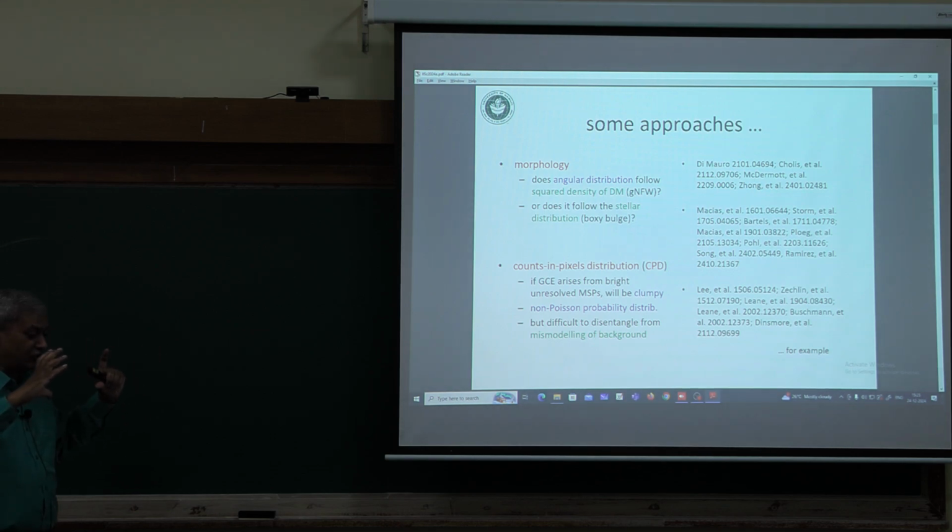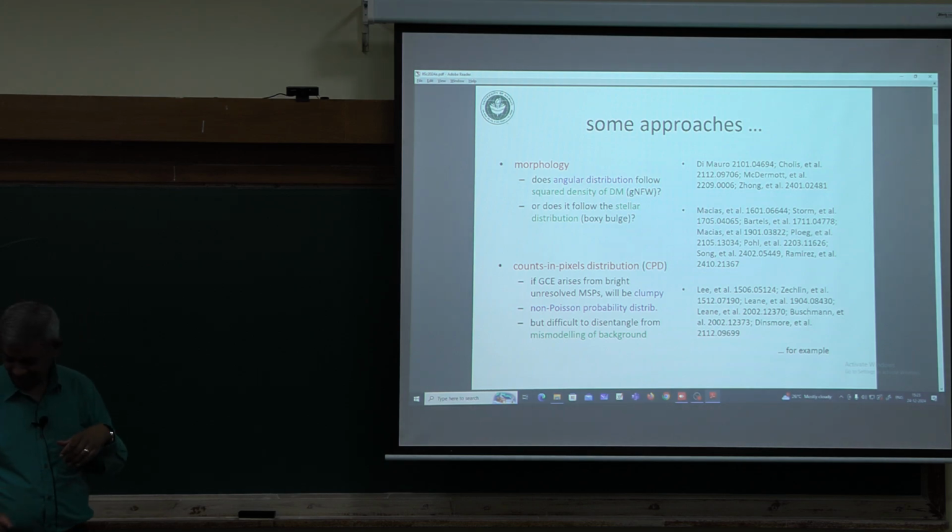That kind of distribution is a much better template, some would say, than the generalized NFW squared template. There's a lot of back and forth between these groups on which is a better fit. Honestly, I don't know enough to state a strong claim on that.